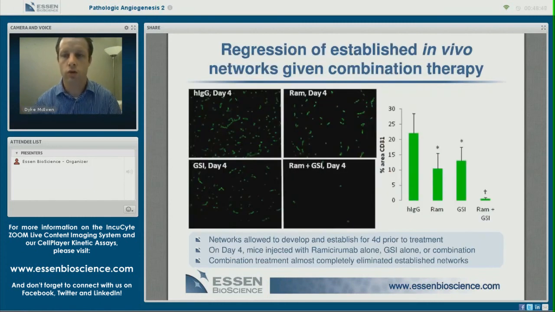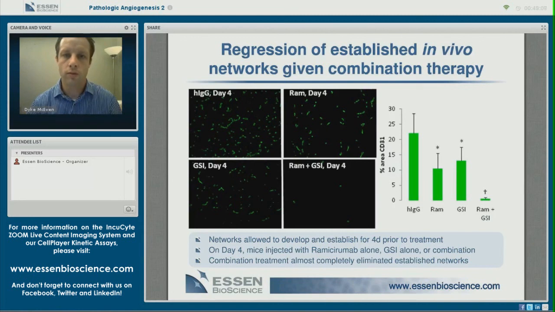Now, did this hold true in the mouse model? So again, we implanted our ADSC-ECFC combination in a matrigel plug in these mice, allowed them to develop for 4 days, and then introduced ramucirumab alone, the GSI alone, or ramucirumab and the GSI in combination.